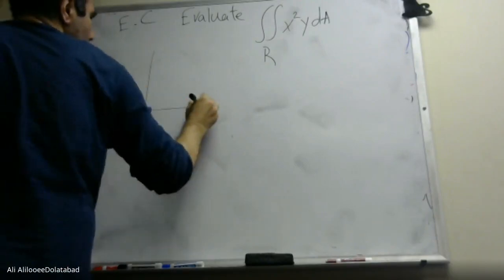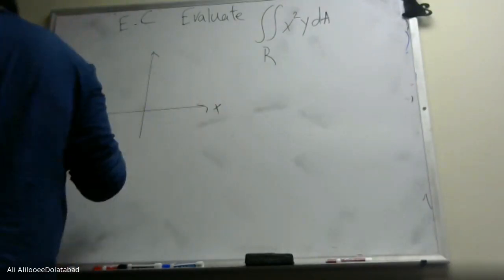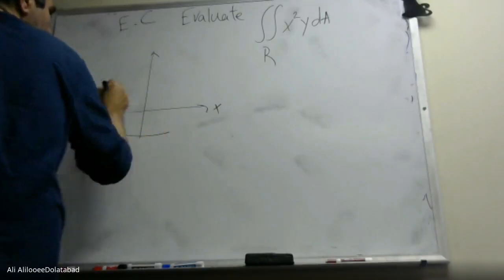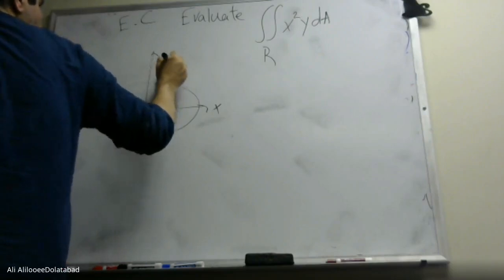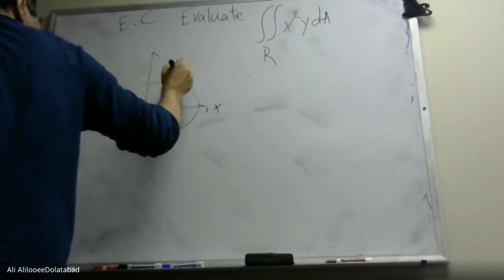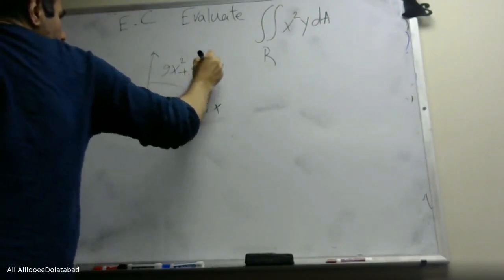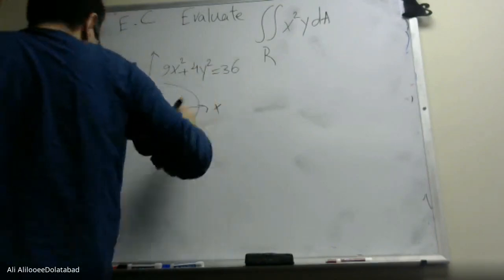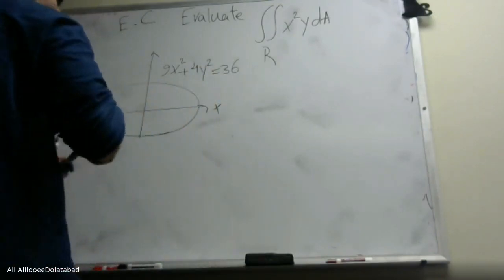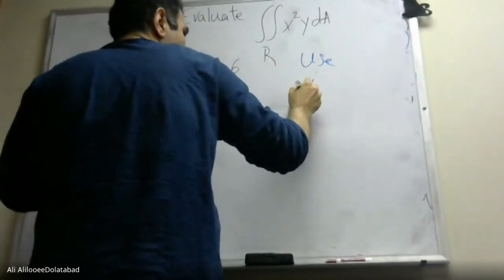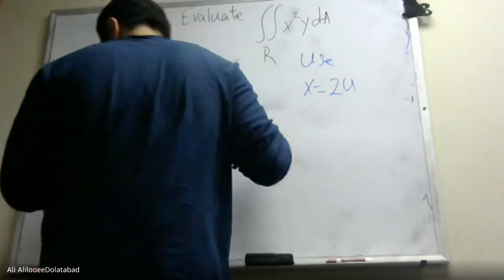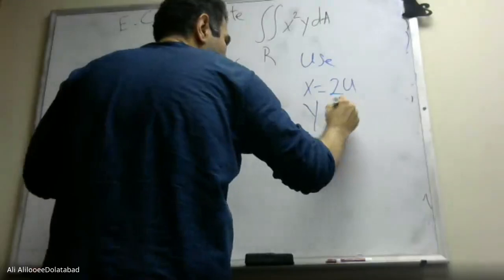R is inside an ellipse. We have an ellipse like this. The equation of the ellipse is 9x squared plus 4y squared equal to 36. Use this transformation: x equal 2u, y equal 3.